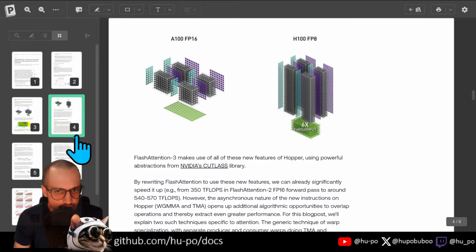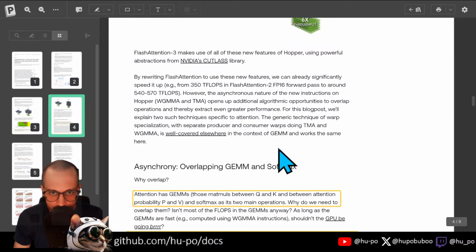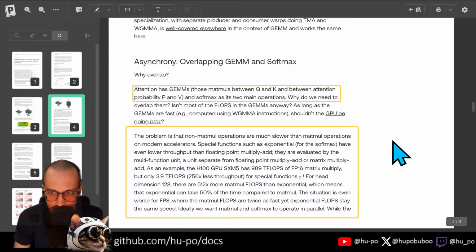Okay. I think there was one other cool paragraph in this that is interesting to talk about. Attention has GEMMs, which are the matrix multiplies. Those matmuls are between the Q and the K and between the attention P and the V. Basically, the attention mechanism is just these three things: the queries, the keys, and the values.